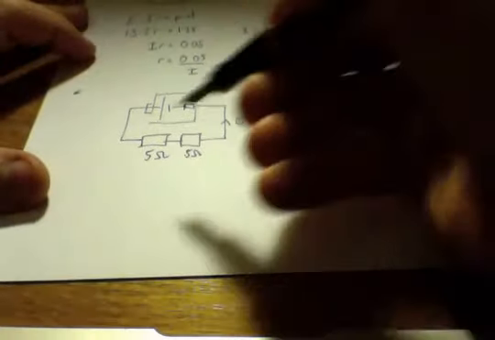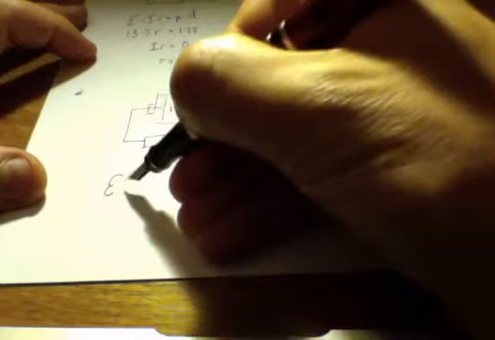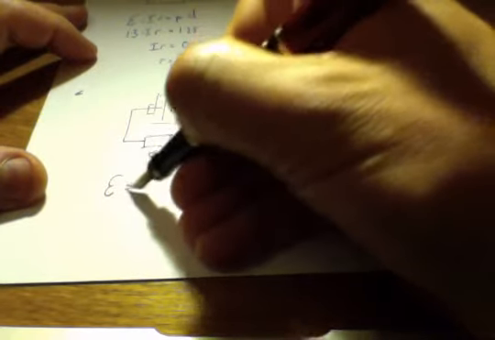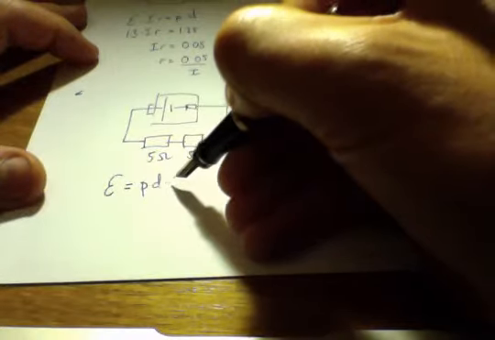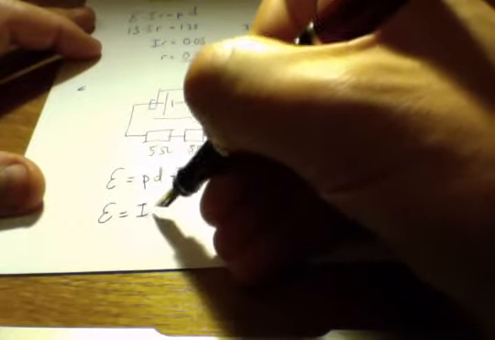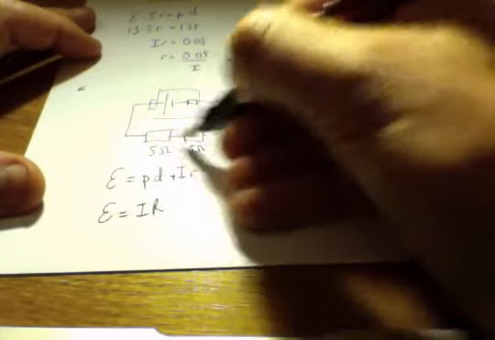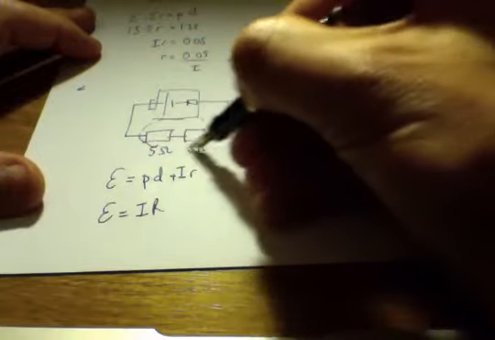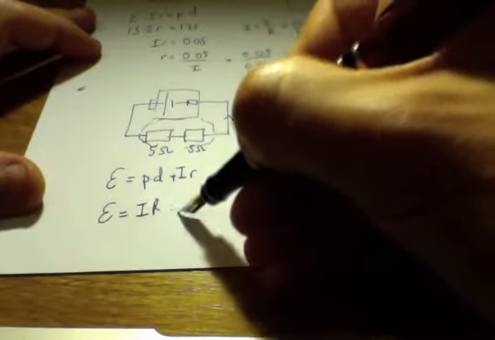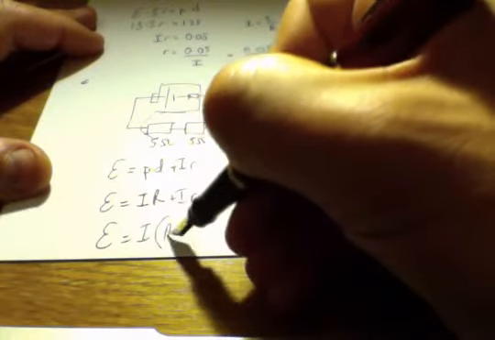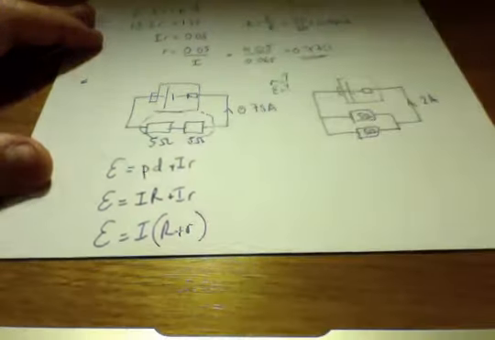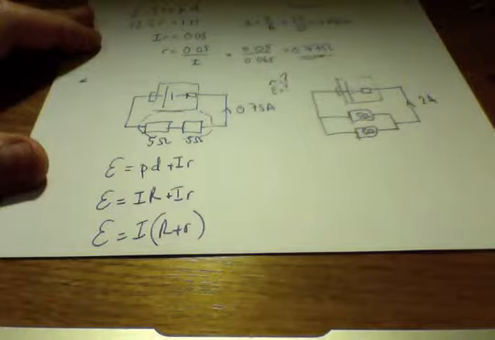Okay, in the first instance, you know the EMF is equal to the PD plus the current times internal resistance. Or you could say to yourself that that's actually the current times the total resistance, plus Ir, which is the same thing, E = I(R + r).